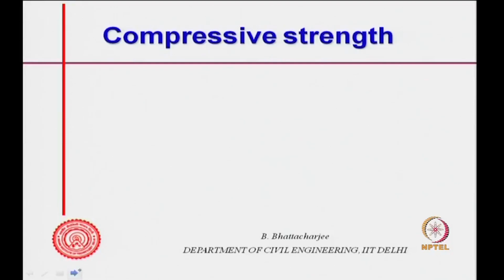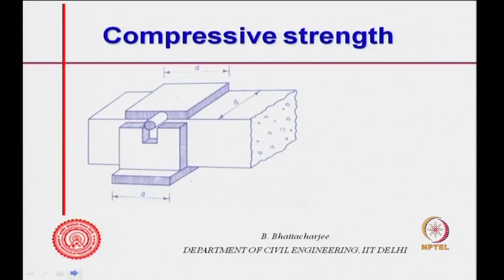So, that is how we test a cube, but we can test a part of a beam as well. So, for example, this is the whole beam, and this is a part of a beam, after doing the test for flexural strength on a beam.